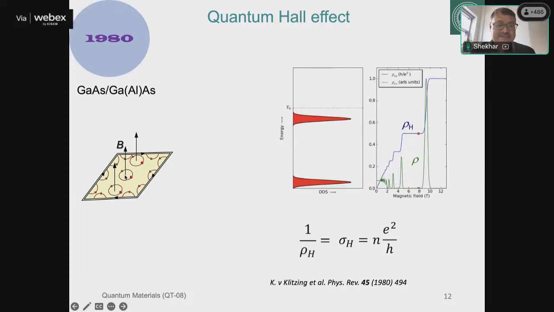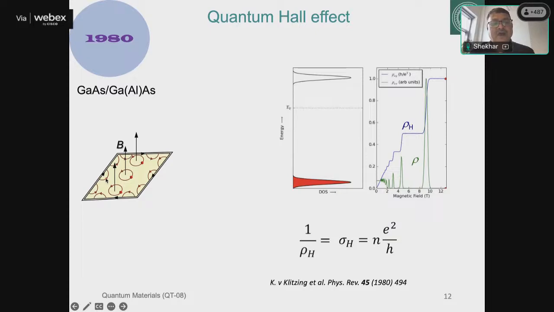Inside the material, the charge carrier is localized. But one charge carrier is present at the edge, and it will travel by skipping orbits.